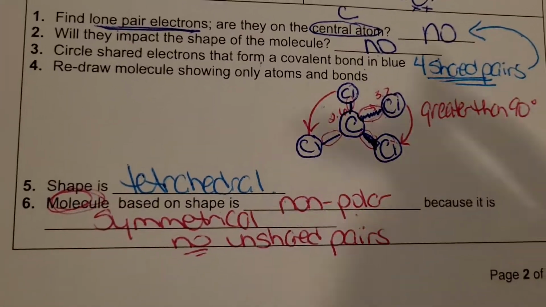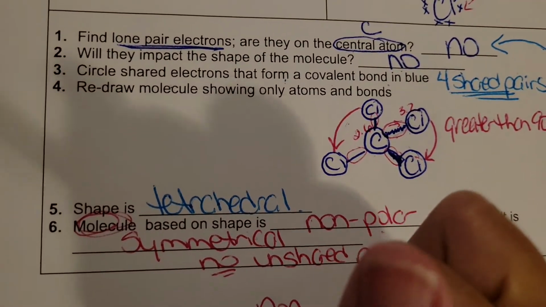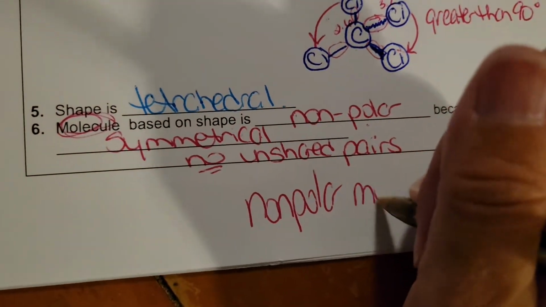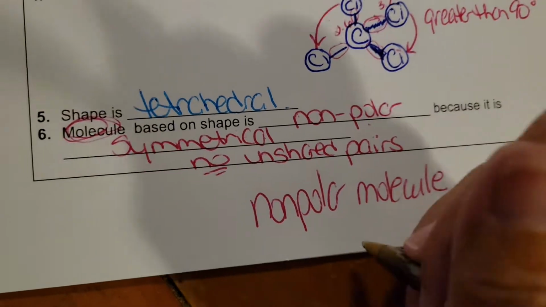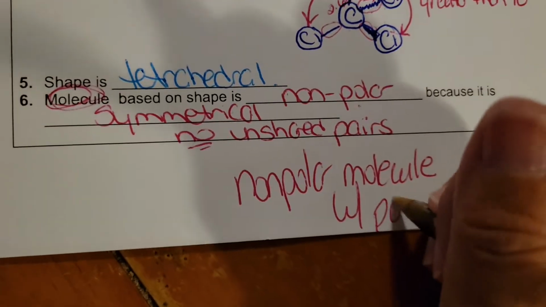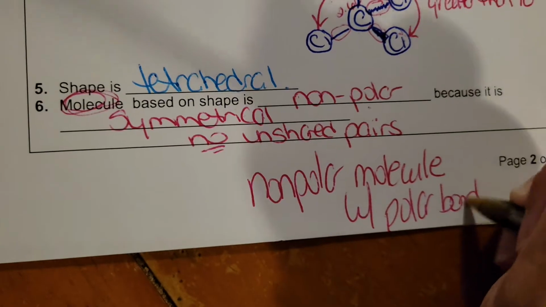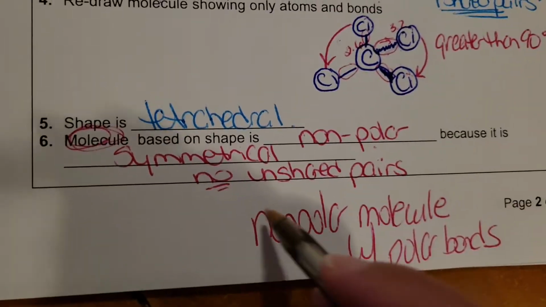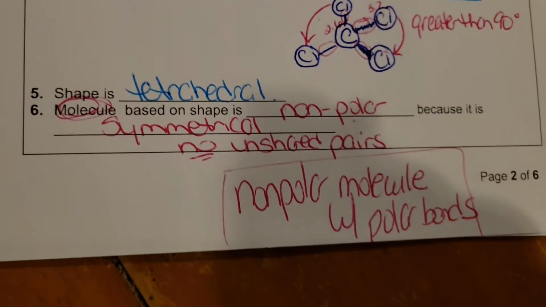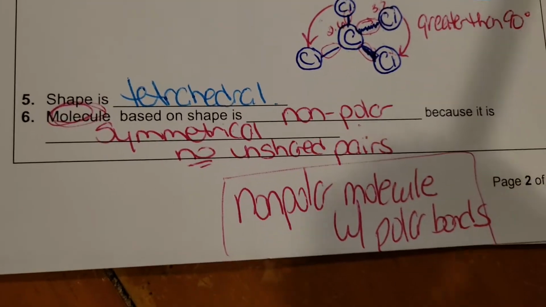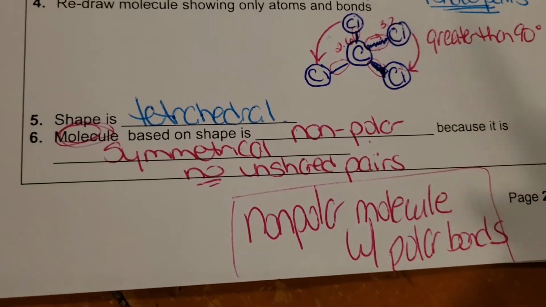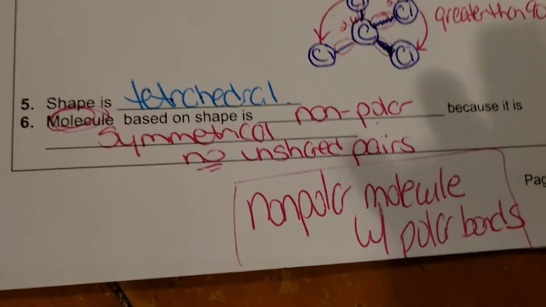So it's a nonpolar molecule with polar bonds. Okay? That's kind of a little bit weird to think about. And it'll make more sense as we do more of them, what makes something end up being polar.